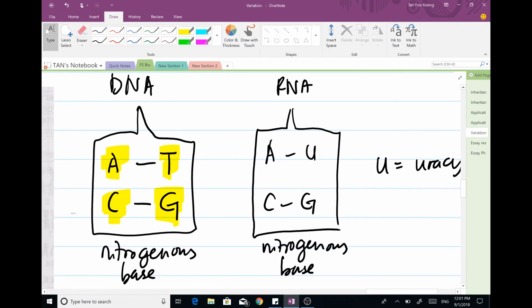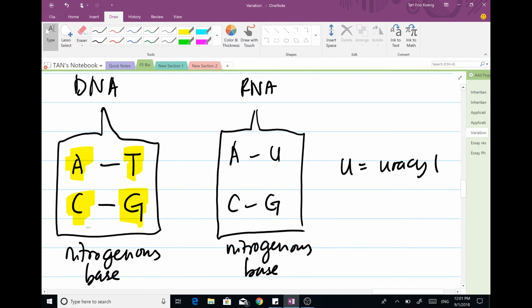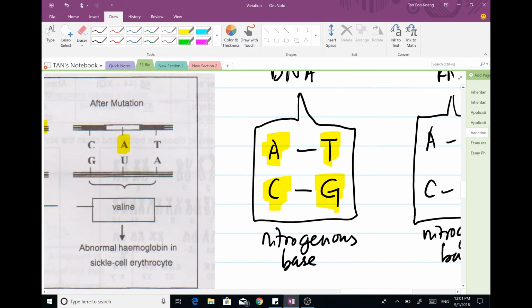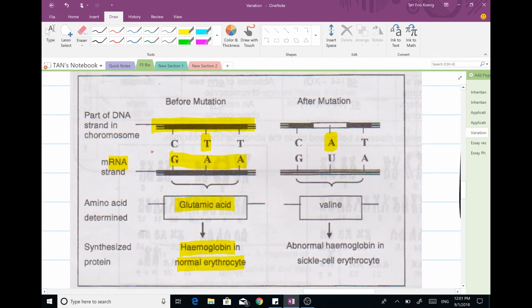In RNA, there is no thymine. Remember, the thymine is substituted by uracil. A always pairs with U in RNA. C always pairs with G in RNA. Okay, so now let's look back. Since this is A, there's no T in RNA, there's only U, so you have GUA.